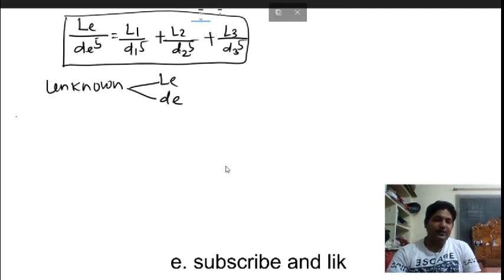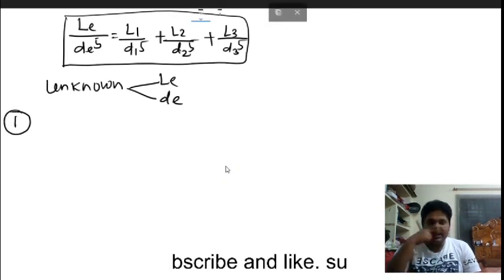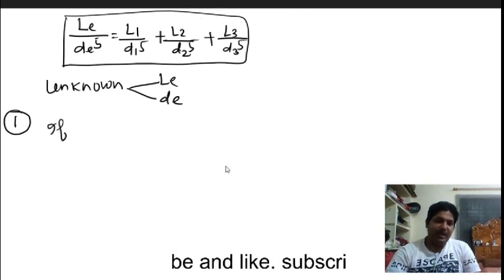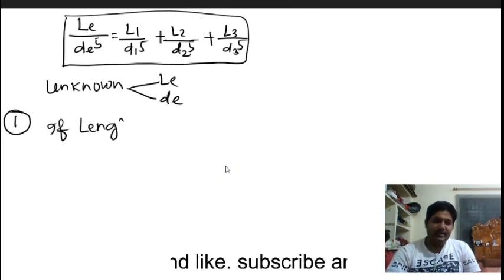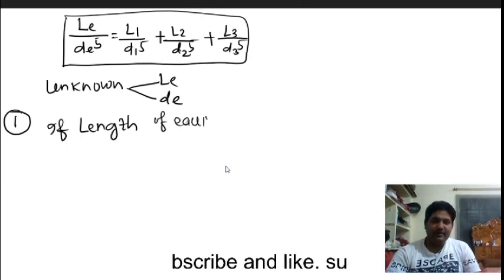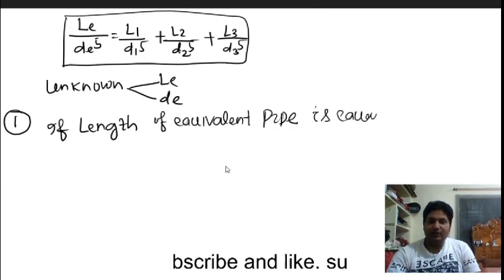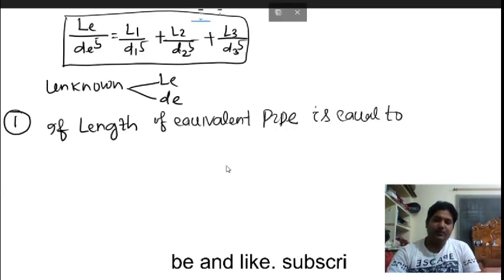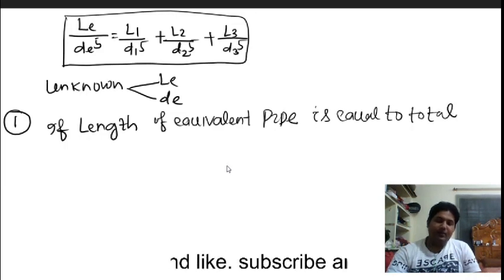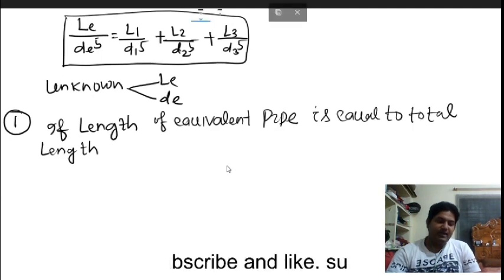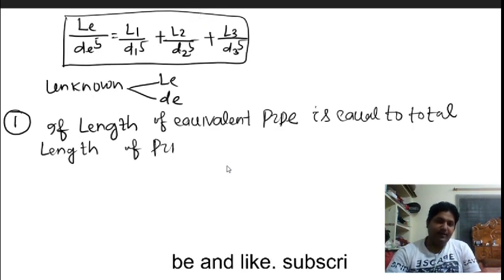So first, we can assume the length of the equivalent pipe is equal to the total length of the pipes in series.